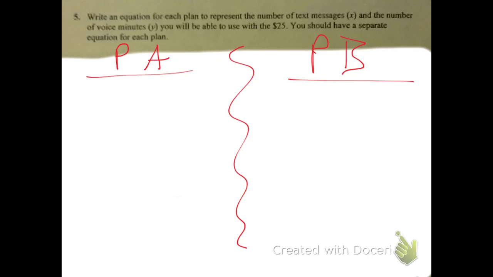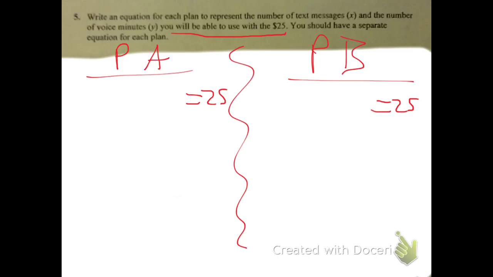You're supposed to write it so you'll be able to use what you'll be able to use with $25. So $25 for both is our total, so let's just put equals 25 on both. But what makes up the $25 depends on which plan you use.